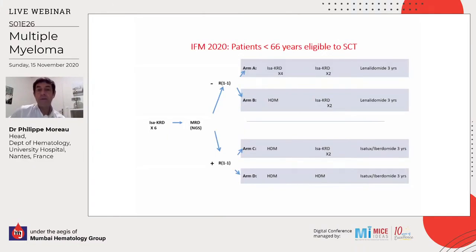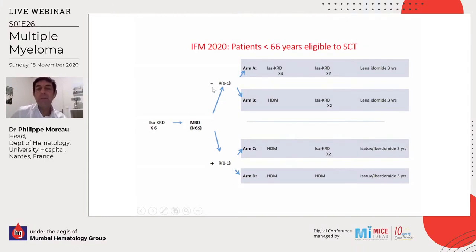This is the future French study that we are going to start very soon, in the next month. For young patients eligible for stem cell transplantation, we are going to use a quadruplet induction with KRD isatuximab, the second monoclonal antibody targeting CD38. And after 6 cycles, we are going to assess MRD by NGS.